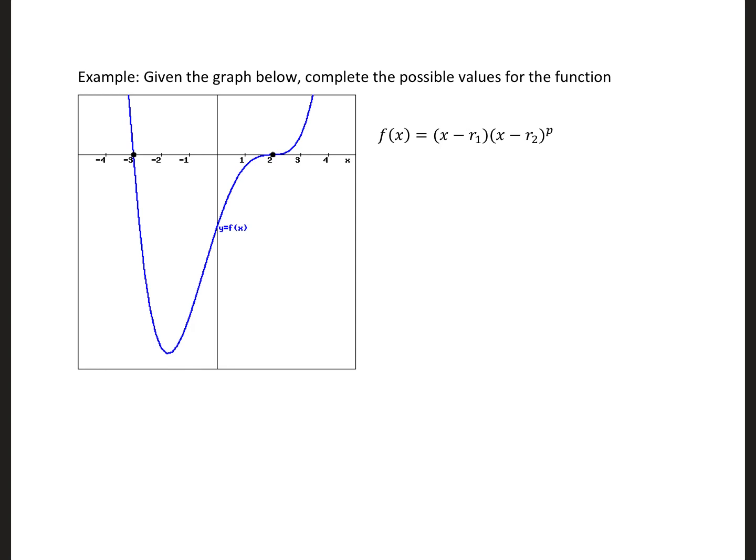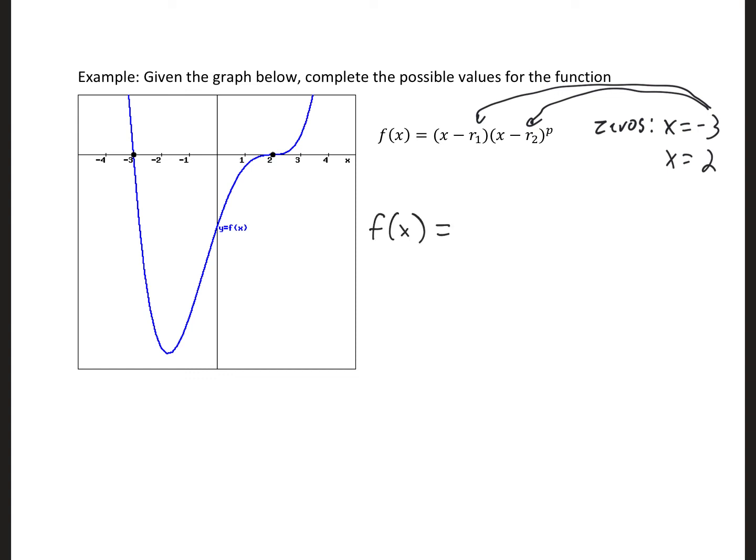All right, so let's try and put this into application now. The first thing as I look at this graph I notice is that the zeros occur at x equals negative 3 and x equals 2. Those values need to be substituted in for these R1 and R2, I should say.